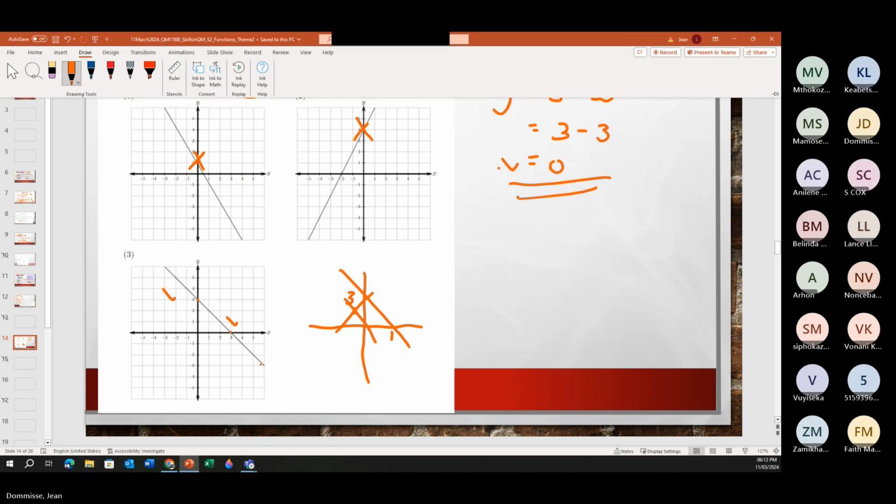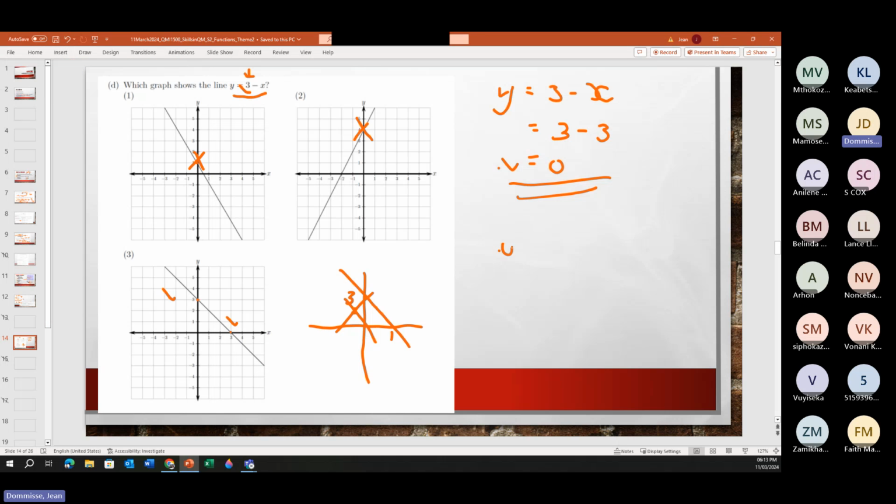So my formula is still the same. It's y equal to 3 minus x. So if we set y is equal to 3, again, to get rid of 3 on this side, we will subtract 3 on both sides.